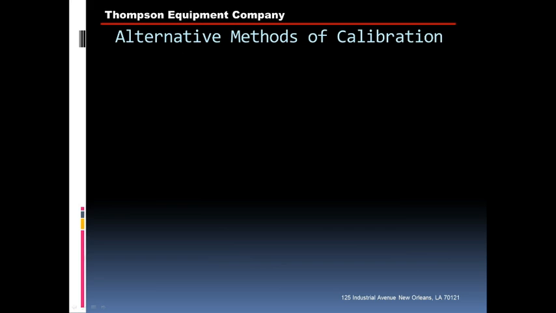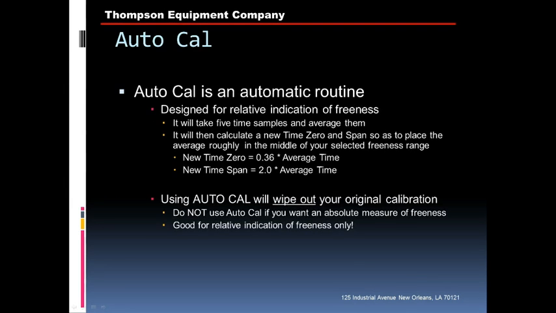There are a couple of alternative methods of calibration. We have the AutoCal routine and we have the LabCal routine. So what's AutoCal? AutoCal is a built-in automatic routine in the Drainac, and it's basically a quick single point calibration designed for relative indications of freeness.